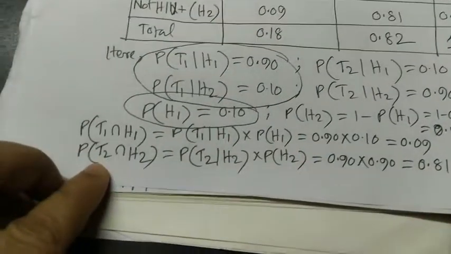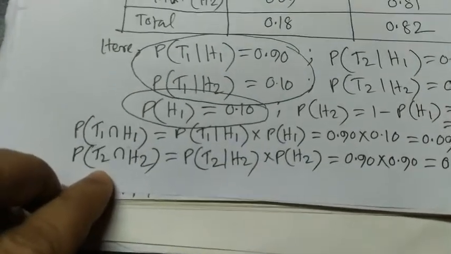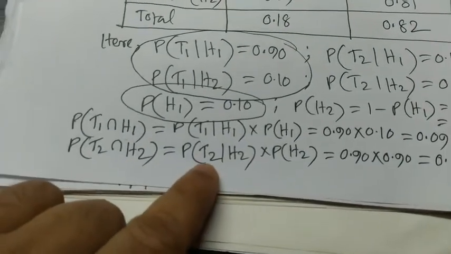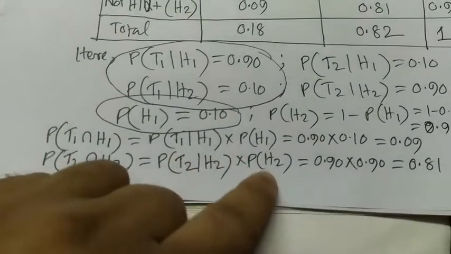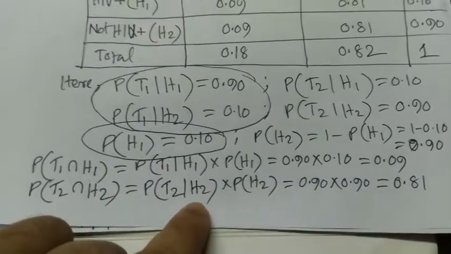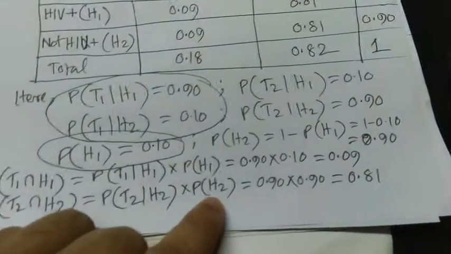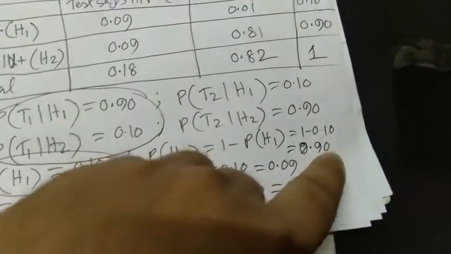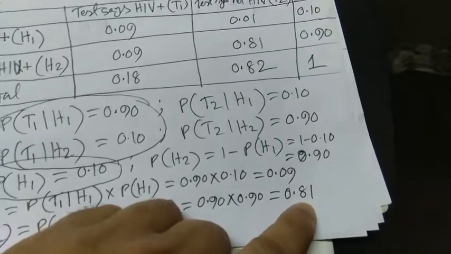Now probability of T2 and H2 means probability of T2 given H2 multiplied by the given part, that means probability of H2. We already know probability of T2 given H2 is 0.90, and probability of H2 we have calculated as 0.90, so 0.90 multiplied by 0.90, that is 0.81.